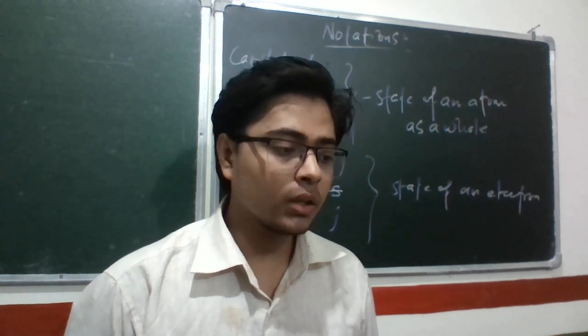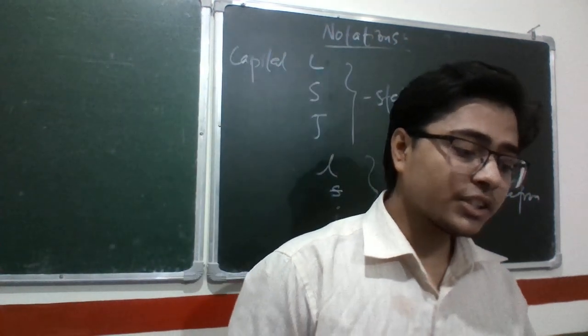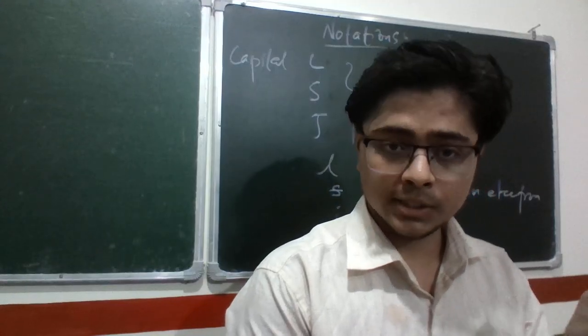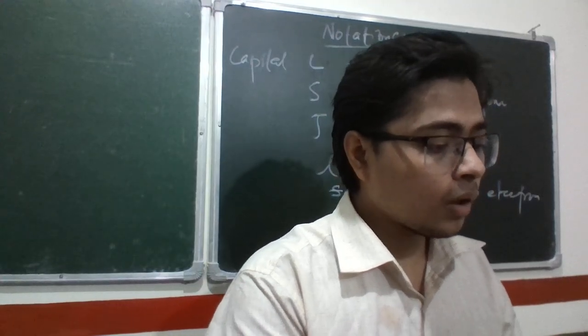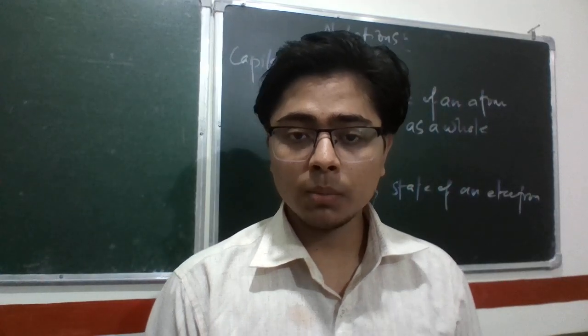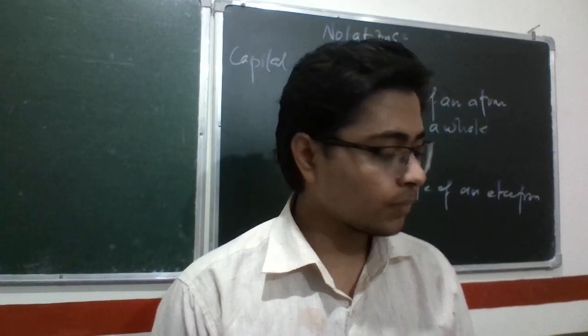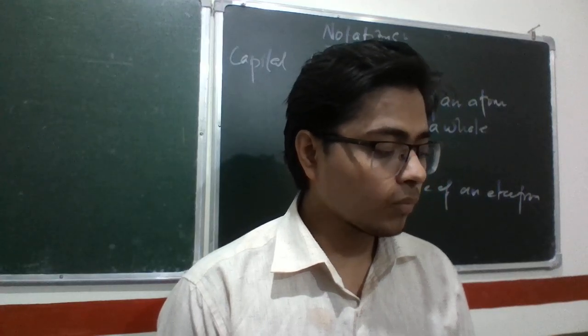Hello everyone. The goal of this video is to understand the fine structures and the G-man splitting. But before understanding them, we need to talk about some of the notations we would be using throughout this process.